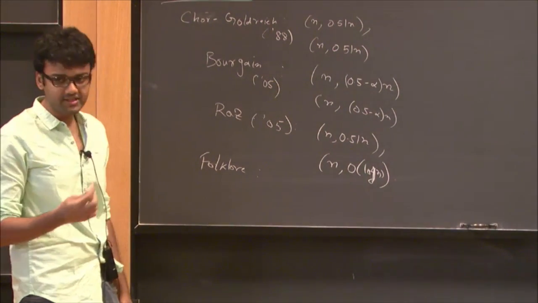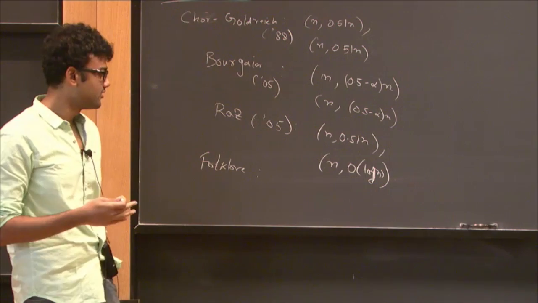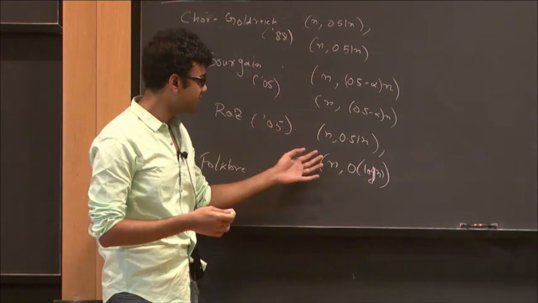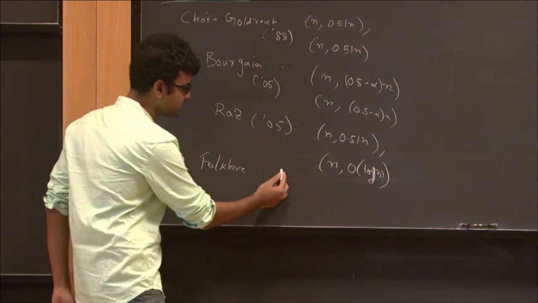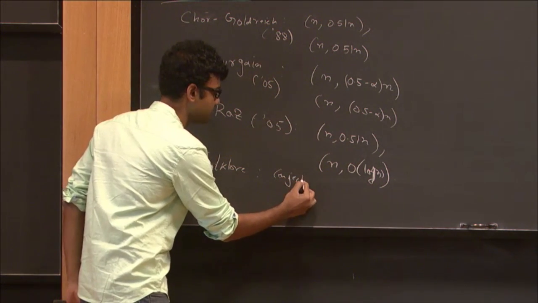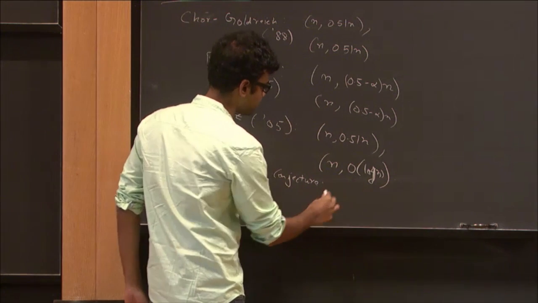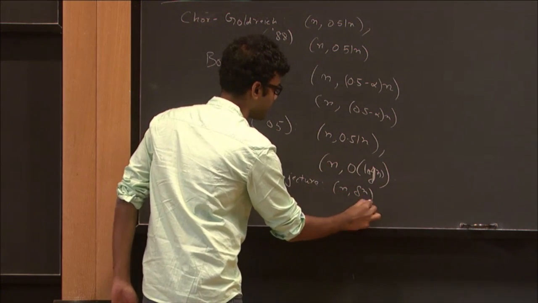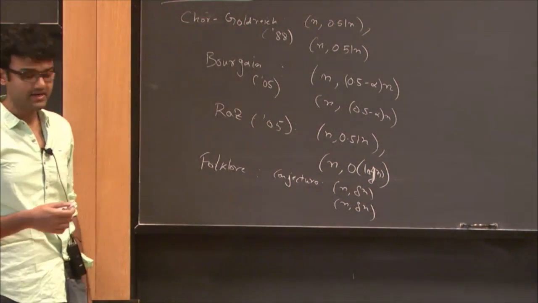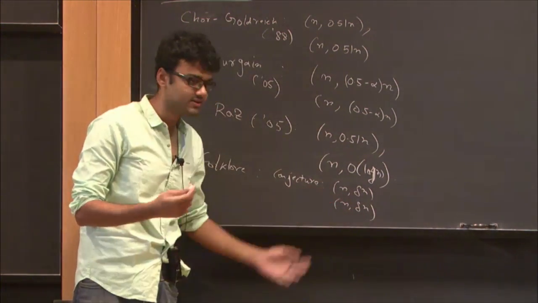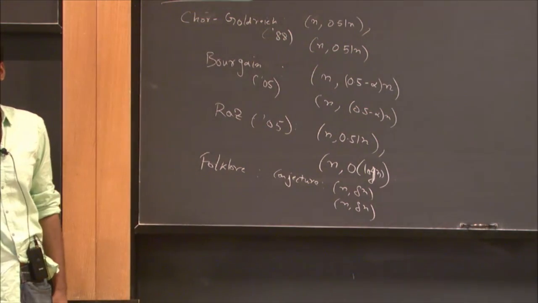And there is a conjecture in number theory which actually says that it should work when both the sources have constant min entropy rate. There is a conjecture that the proposed construction actually works for n comma delta n for any delta, but this is open in number theory.